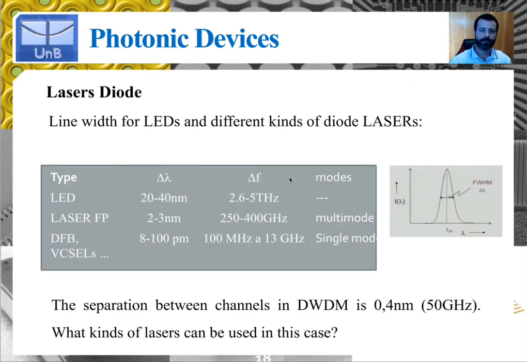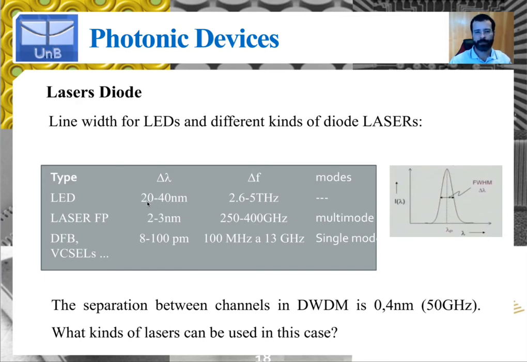Now let's compare the line width in terms of wavelength for different types of light sources that we've seen and that we'll also see in our next lecture as well. For an LED, we looked at the line width of the LED in the lecture in which we discussed it.